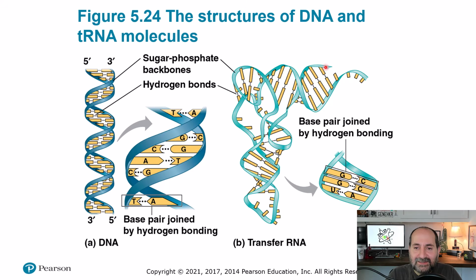Isn't that neat? This is an RNA called tRNA, for transfer RNA. Notice how it's literally one strand of RNA. It's not double-stranded, but it looks double-stranded because it's folding back on itself and hydrogen bonding to itself. So G's pair with C's while A's pair with U's.